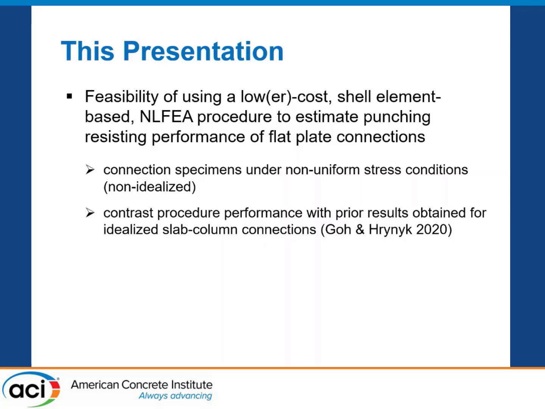And of course, the important points here are we're looking at connection specimens that are not idealized. And we're going to contrast this just very briefly with some prior analysis results we got using the exact same modeling procedure, the exact same techniques, material models, everything the same, but for idealized specimens, and see whether or not it's as capable, it has more deficiencies, or whatever the case may be.